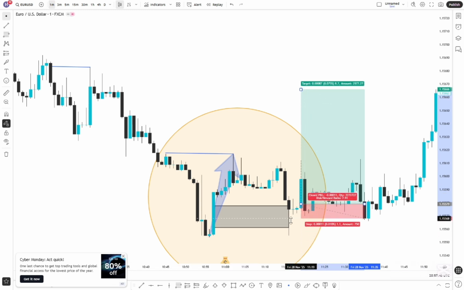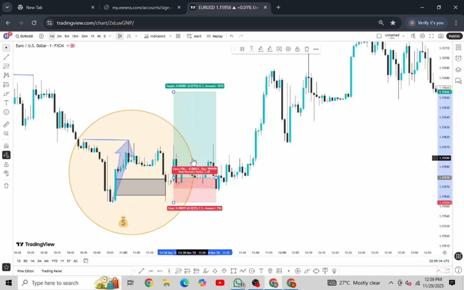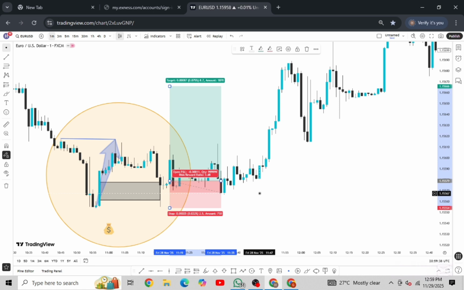Then your take profit can be below this next candle. So that's it. It should be below the fair value gap, the last part here you can see. So this way your stop loss should be here, and then your take profit should be in the fair value gap there, your previous first fair value gap.